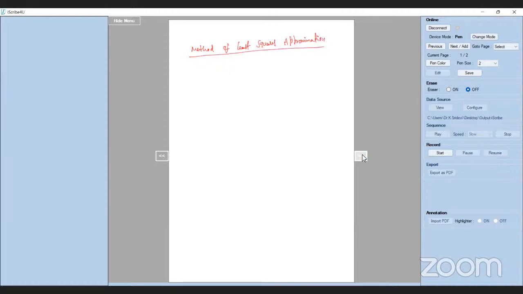Using this method, you are going to find the least squares approximation for fitting a straight line.